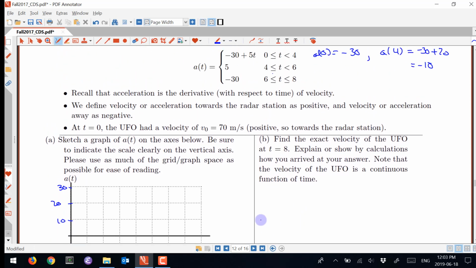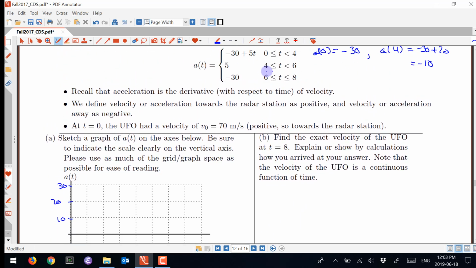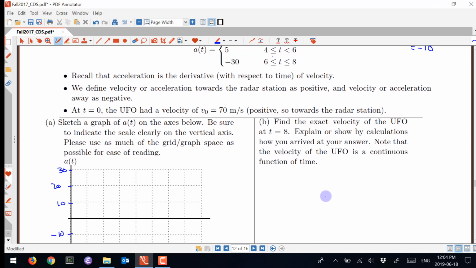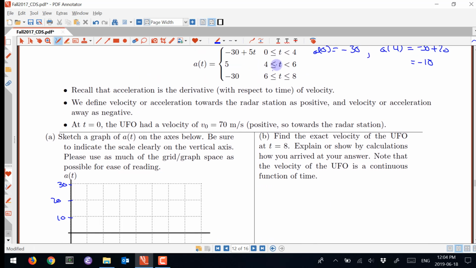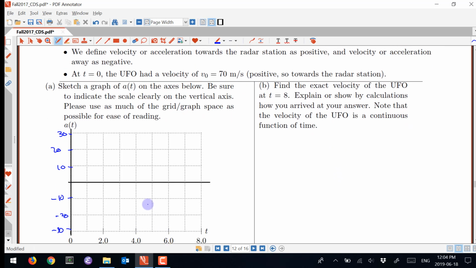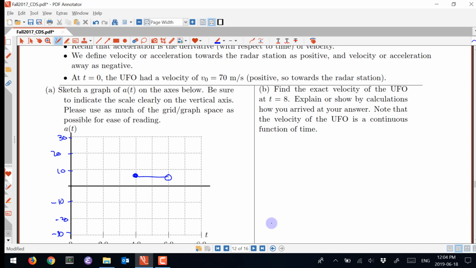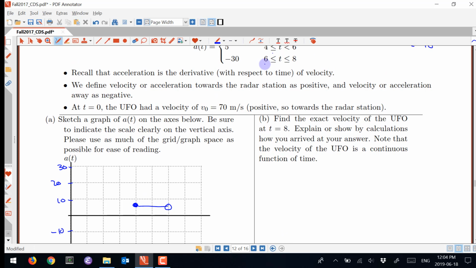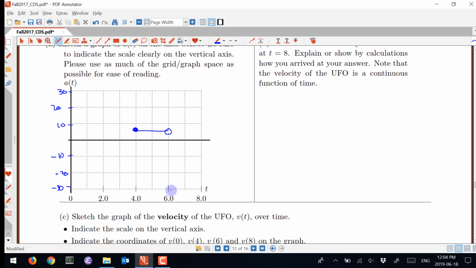So let's do the two easy ones first. Between time 4 and time 6, we're at 5, and that includes 4 but does not include 6. So 4 and 6, height 5, and includes 4, does not include 6. Likewise, from 6 to 8, including both ends, we have negative 30.